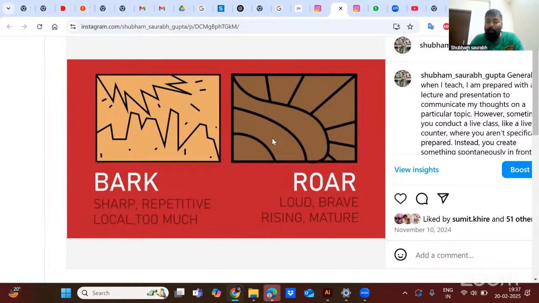a bark and a roar correctly: first by writing the characteristics and then finding those visual elements in terms of line, shape, color, composition. Four things: line, shape, what kind of shape you will use, composition, where you will use what, color, what color you will add, and the last is intensity or the amount.